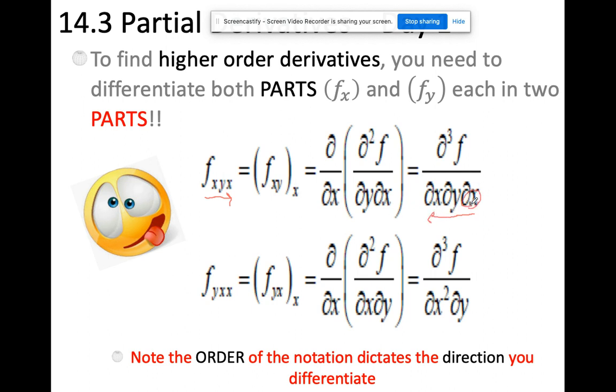Partial x, then partial y, then partial x again. Took the partial derivative with respect to y, then with respect to x, then with respect to x again. Here, started with the first derivative in terms of y, and then in terms of two x's. X and then x again.